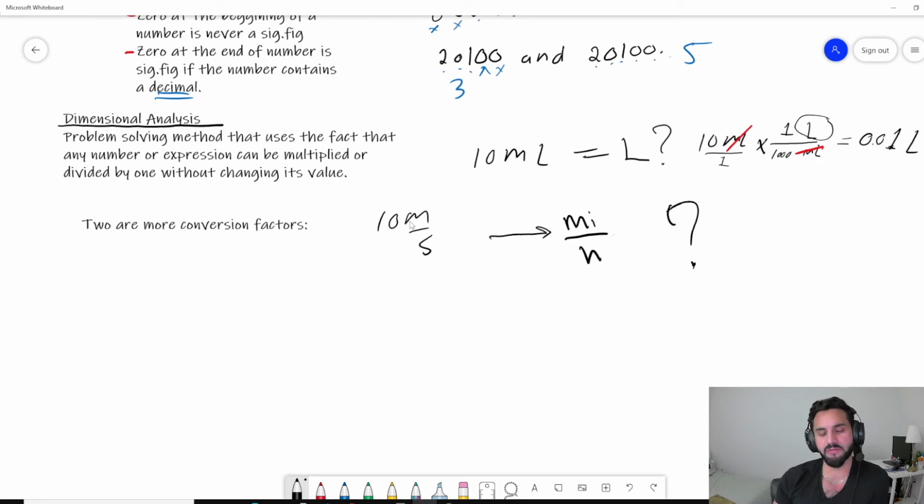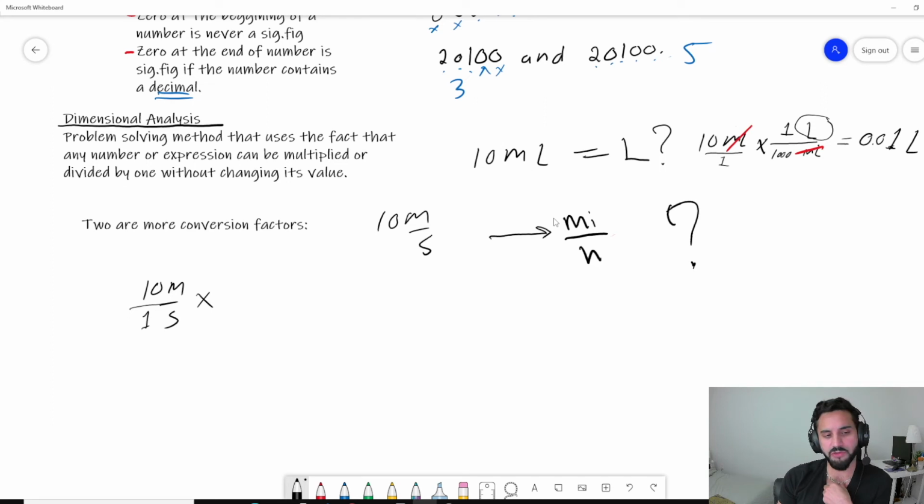Here I have 10 meters per second, and I want to convert it by doing dimensional analysis into miles per hour. Let's see how we're going to do this problem. So let's say we have 10 meters per second. Like I said, you can make this look like a ratio if you just put a 1 here and do dimensional analysis.